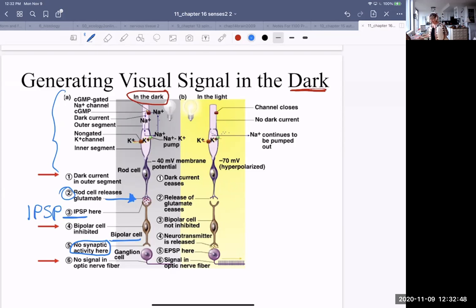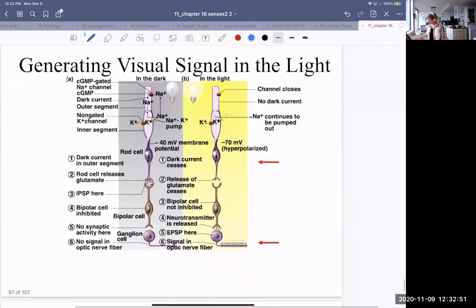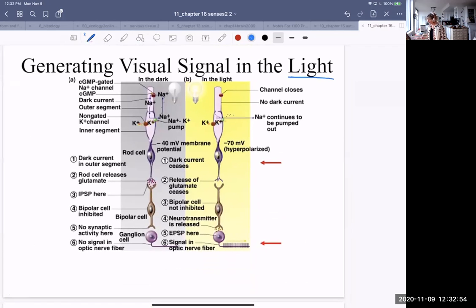But what happens in the light? When there's light, this was a channel for sodium, and it closes. It closes, so nothing's happening there within that rod cell. Because it's closed, the cell becomes hyperpolarized. Because it's hyperpolarized, glutamate release ceases.